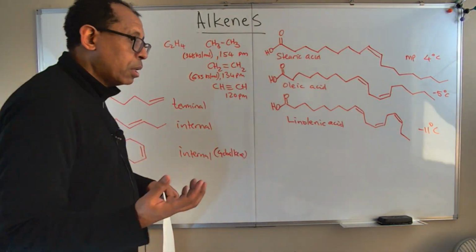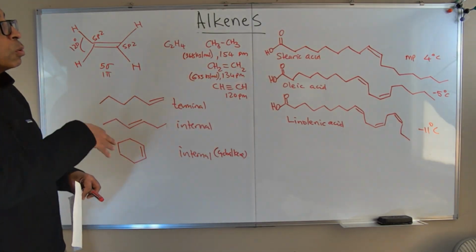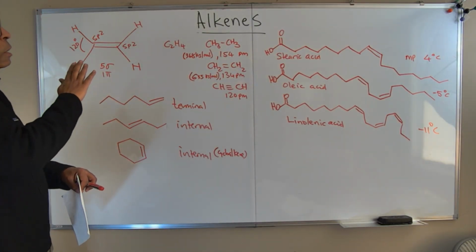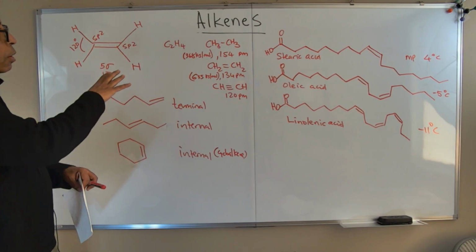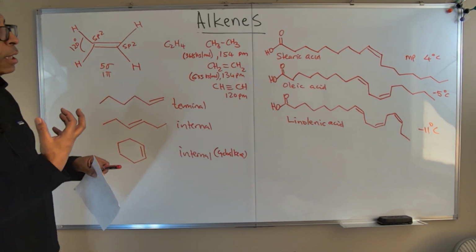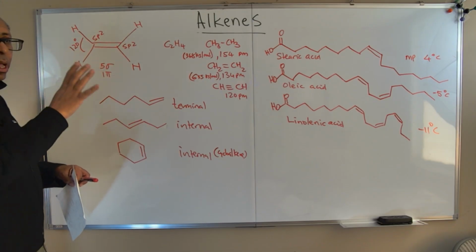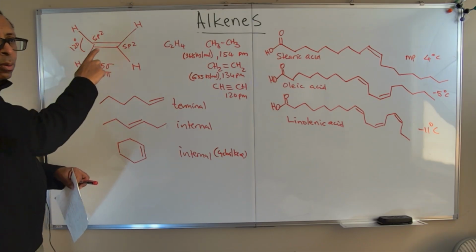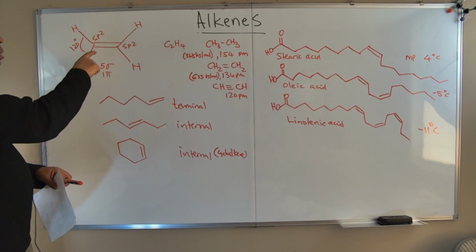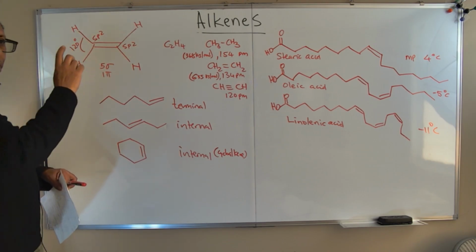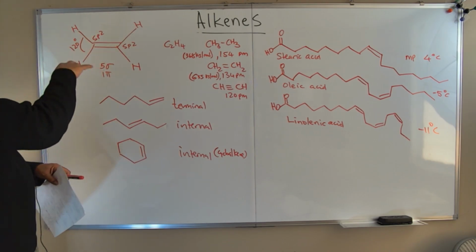So before we go in depth into the alkenes, I want to introduce a very important concept: what the bonding in the alkenes is. First of all, they are made of sp2 hybridized carbon. This is a pi bond that exists in the alkenes.